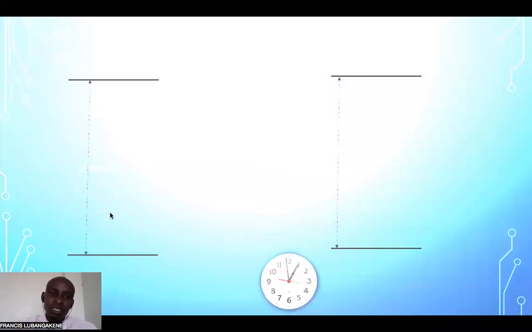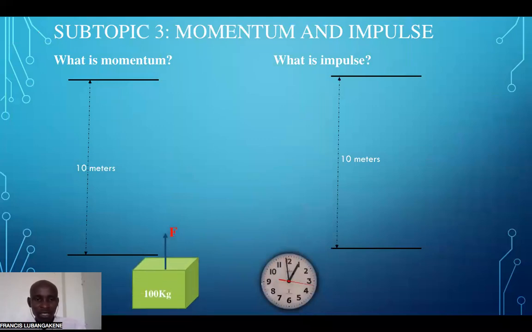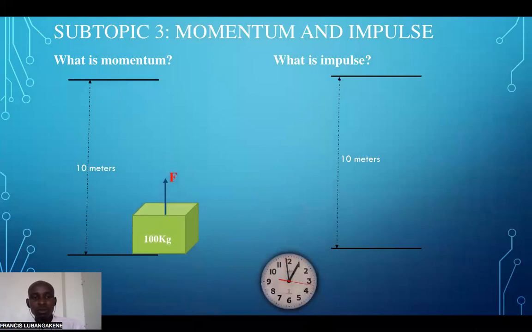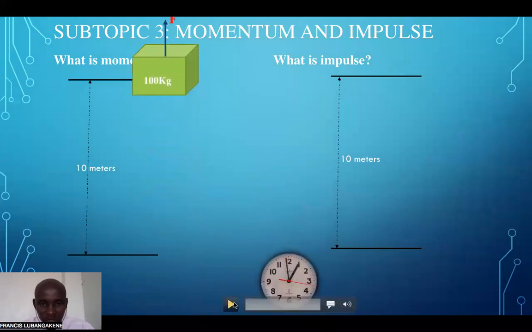If we look at the moving object here being pulled by the red force, a 100 kg block pulled upward from a given point through a distance of 10 meters, our time begins to count.